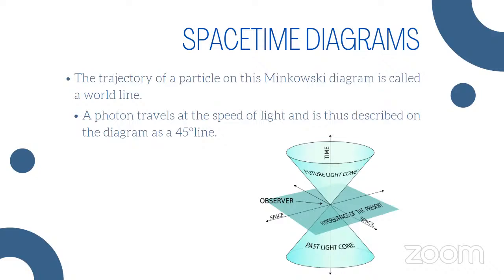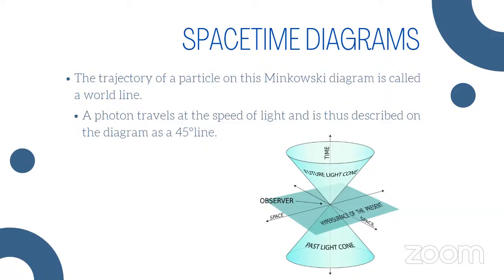This represents the whole of space-time, and the observer is supposed to be at the center. Now, a photon travels at the speed of light, so a photon traveling in any direction makes a 45-degree line with the space and time axes, which means it travels equally along the space axis and the time axis.